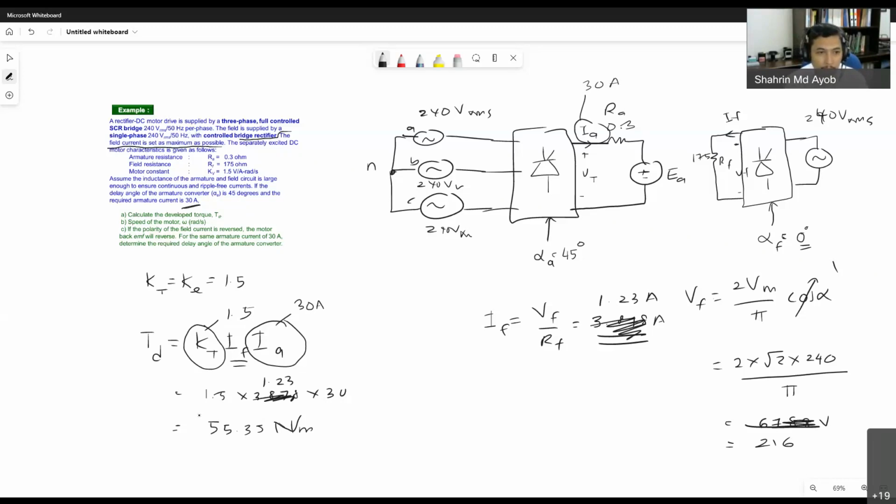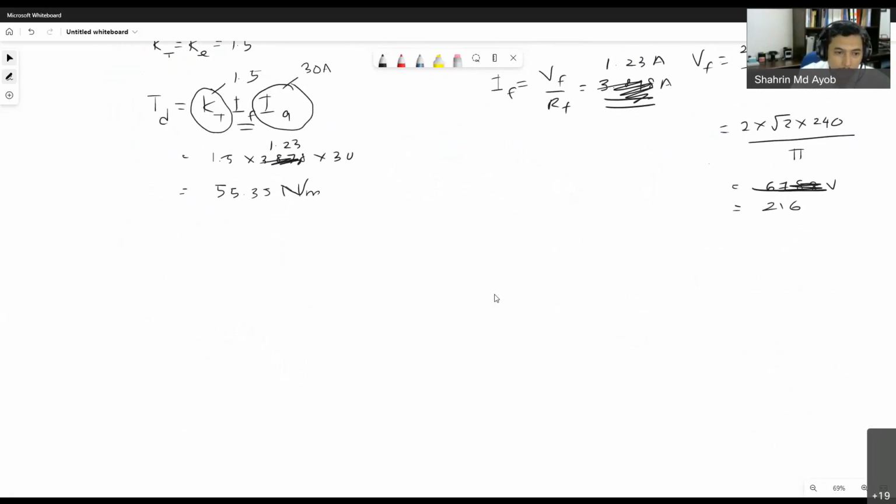Okay, so right now, the second question, the speed of the motor. Okay, so we already know the equation of the armature circuit is Vt equals IARA plus EA. Okay, so right now your Vt is actually from the three-phase circuit, right?